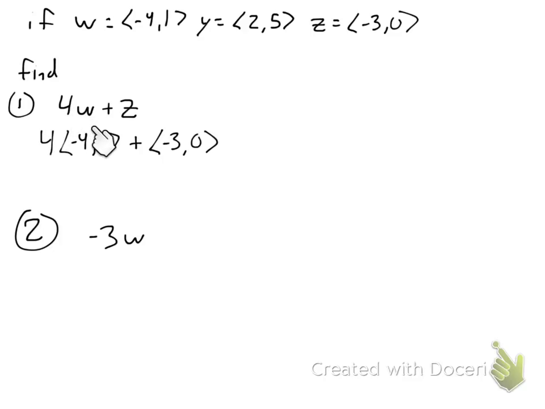I'm going to bring the 4 to the -4 and the 4 to the 1. So I can even do this. It's -16, 4. This vector is now 4 times the length. Now, if I was starting at 0, 0, which I don't have to, I would go backwards 16 and then up 4.